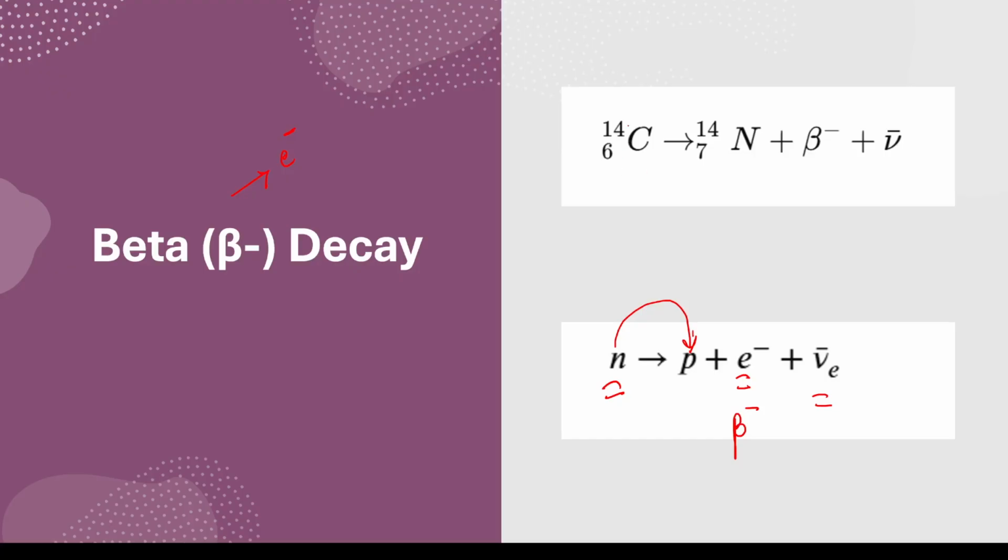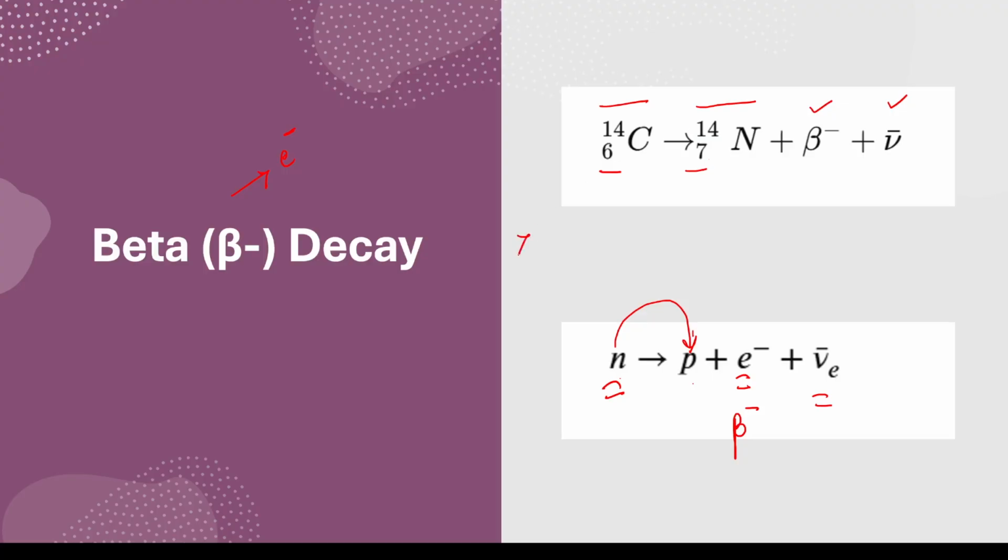So you can see here the carbon-14 decays to become N-14, a beta minus and an antineutrino. Now let's see what's happening. Now this is needed for your exam board. What's happening to atomic number? As you can see, the atomic number increases by 1, because the neutron has changed to a proton, and atomic number is nothing but the number of protons. So atomic number has increased by 1, but mass number has not changed.